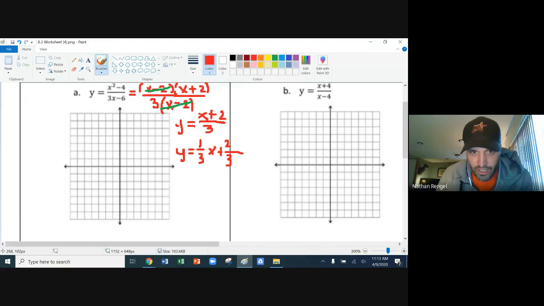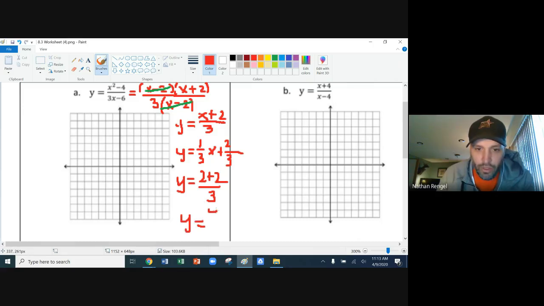I'm going to put 2 in. I know that because it's a point of discontinuity, it doesn't work in the function. But I'm going to put a 2 in to see what its output is so I can put that hole. So I put a 2 in. I'm going to get y equals 2 plus 2 over 3, which is y equals 4/3.